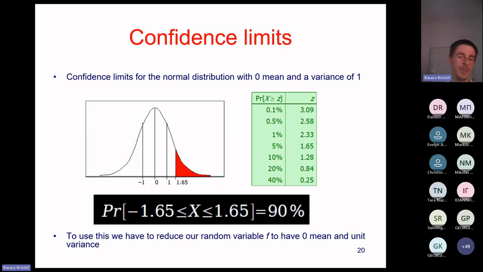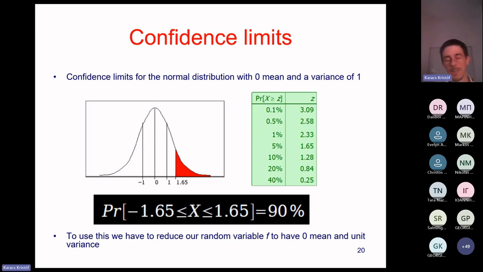And for a normal distribution, to make our chances reach 90%, we have to actually increase the confidence interval by 1.65 times the variance of the distribution in both directions.